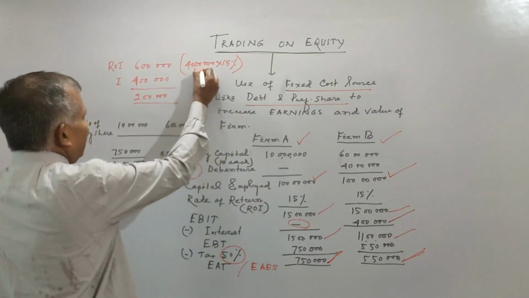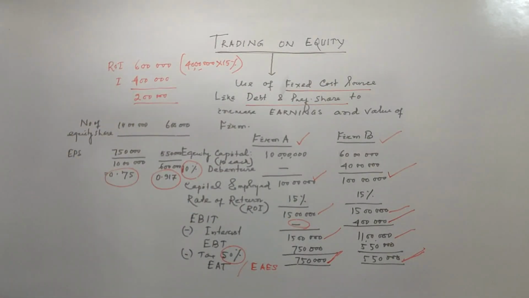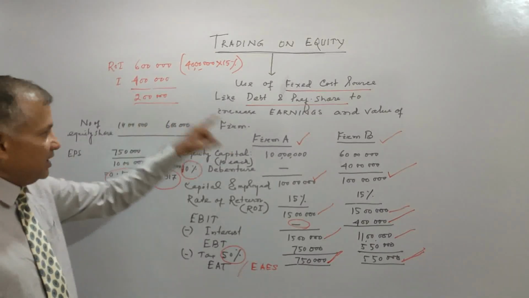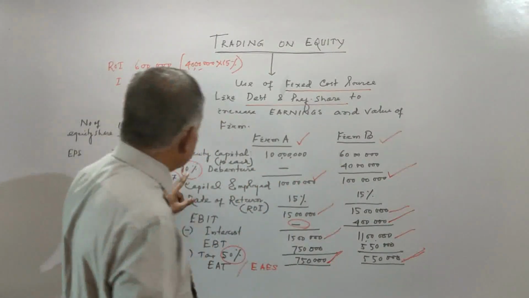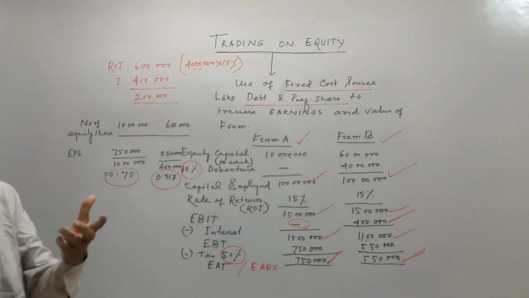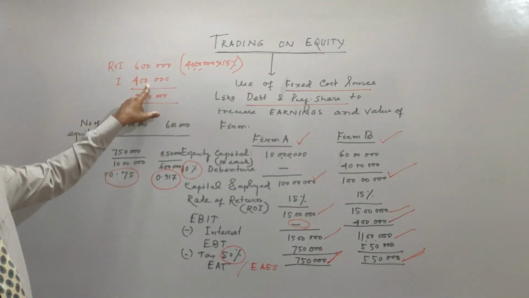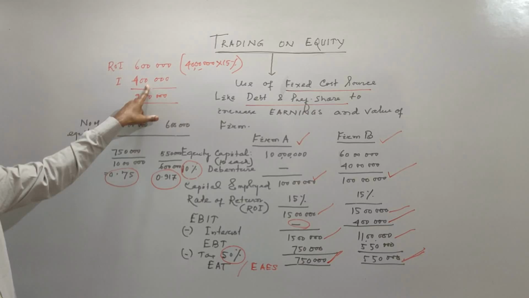But out of 6 lakh, since the money has been borrowed at 10%, the company is paying 4 lakh as interest, as fixed charge.